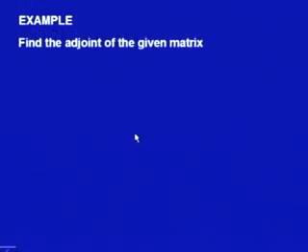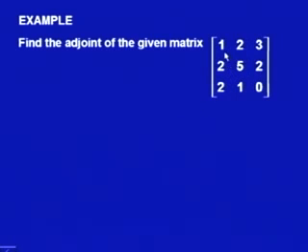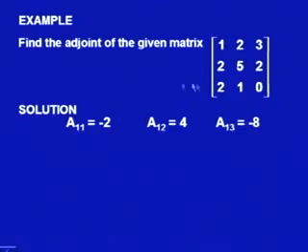For example, if you have to find the adjoint of the 3 by 3 matrix 1 2 3, 2 5 2, 2 1 0, then you have to find out the cofactors of elements of this matrix.